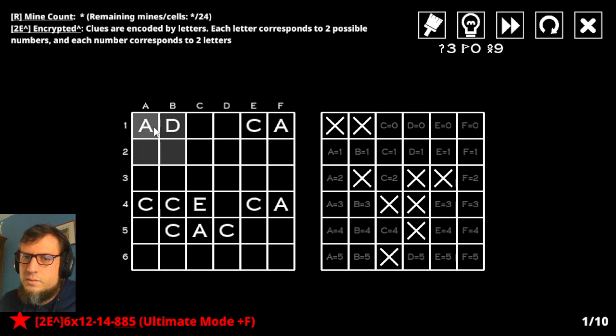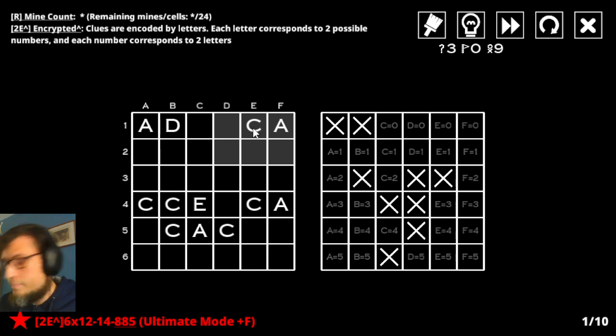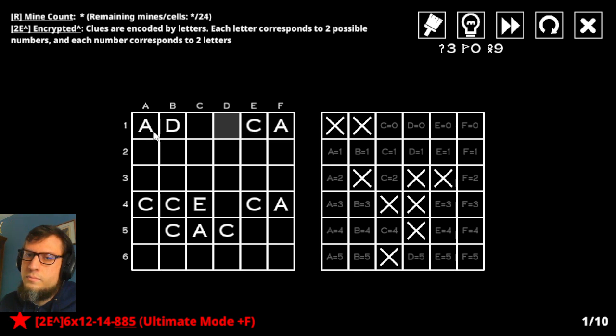No. Okay, this A is here. Okay, I know that A cannot be 0. So there's at least 1 here. So that means this particular C cannot be 0. Also, this particular D cannot be 0.